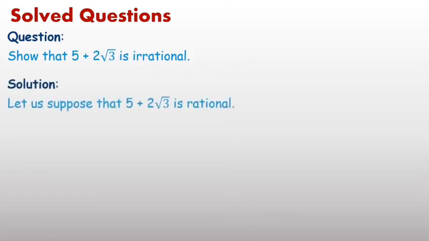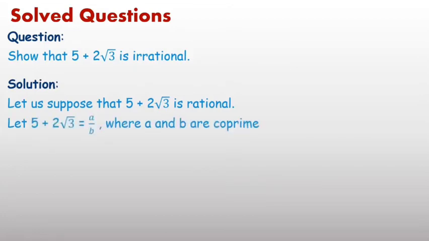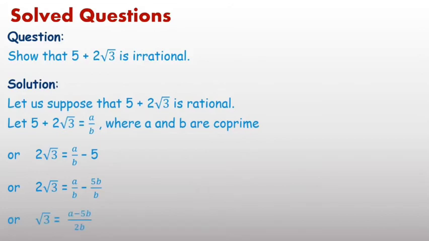Next, if you have to prove root 5 plus 2 root 3 is irrational. In this situation, it is not required to prove root 3 as irrational. In this case, you have to assume that root 3 is irrational as a given part. Then you have to assume that 5 plus 2 root 3 is rational, equal to a upon b. Transfer 5 to the right side, simplify, and you can write root 3 equal to a minus 5b upon 2b.